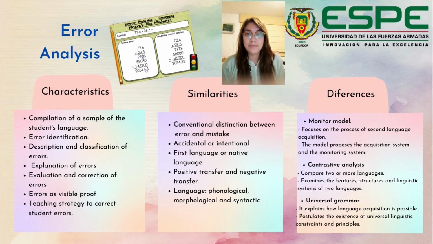In error analysis, we can see below the characteristics and similarities. Among the characteristics, we can say the following: a compilation of the student's language or errors, the identification, description and classification of errors, explanation of errors, evaluation and correction of errors, error as visible proof, and a teaching strategy to correct student errors.